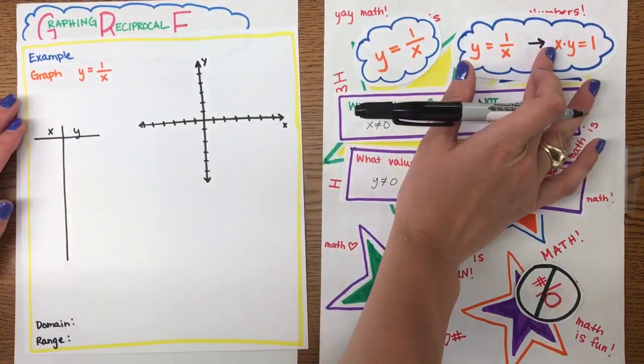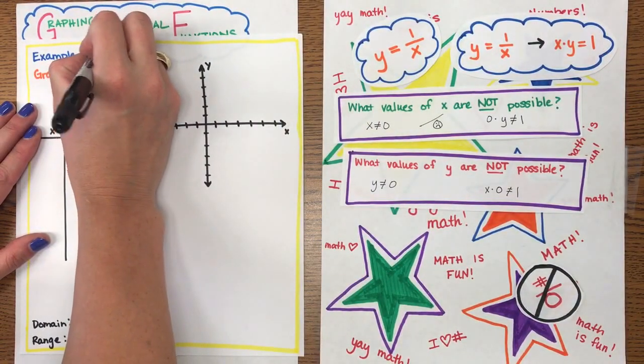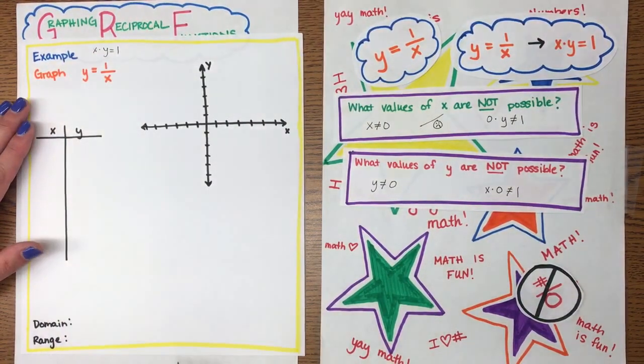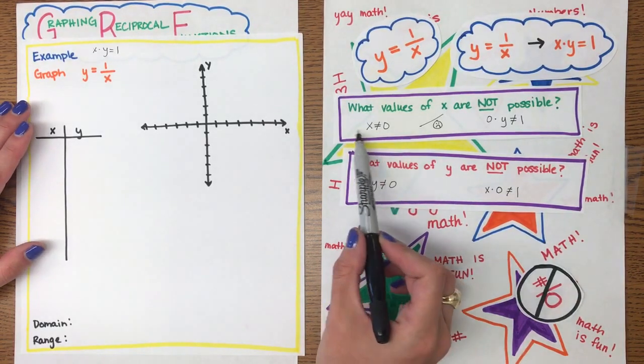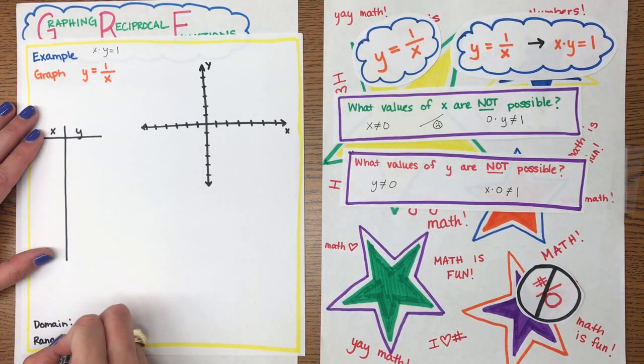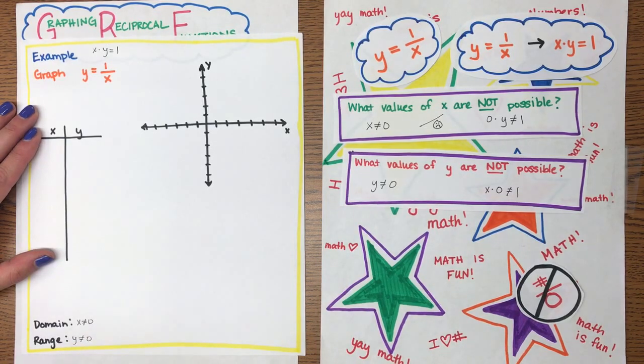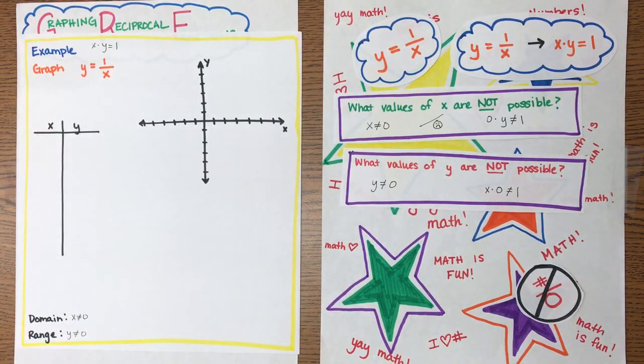This is the same thing as x times y is equal to 1. Now, our domain restriction: x cannot be equal to 0. And y cannot be equal to 0 is our range restriction. Other than those restrictions, we have all real numbers.